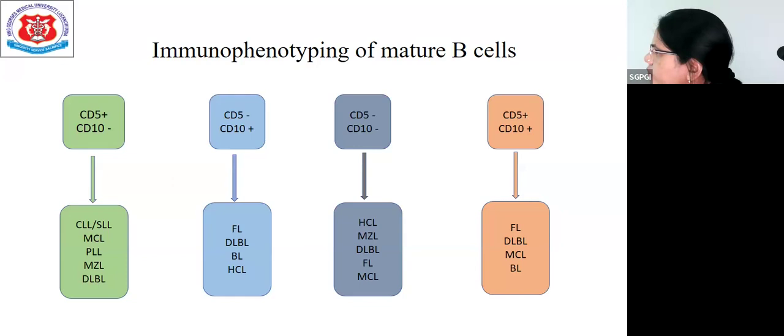CD5 positive and CD10 negative lymphomas are usually CLL, SLL, mantle cell lymphoma, PLL, marginal zone. CD5 negative and CD10 positive are all those lymphomas which are arising from the germinal center, like follicular, DLBCL, Burkitt, and very few cases of hairy cell. CD5 negative, CD10 negative is usually hairy cell, marginal, some cases of DLBCL, some cases of follicular, and CD5 positive, CD10 positive is a very rare entity.